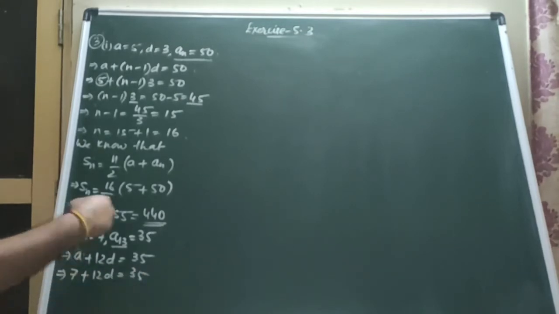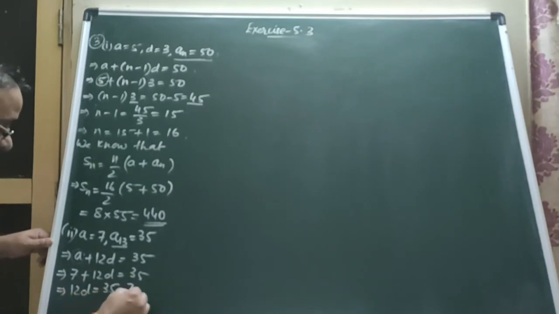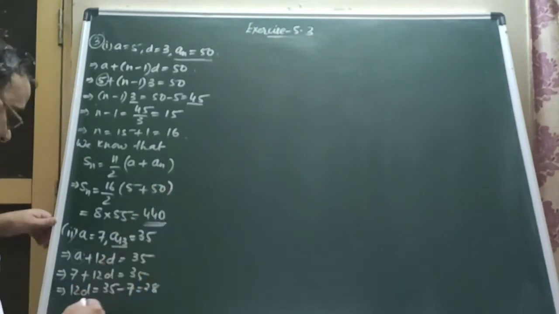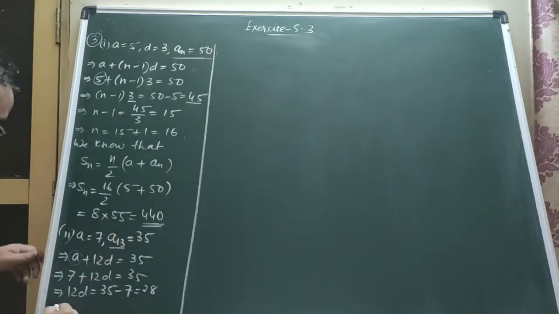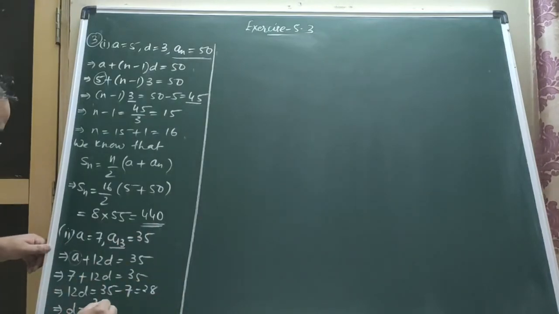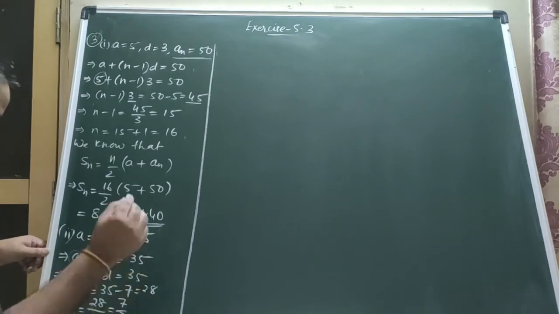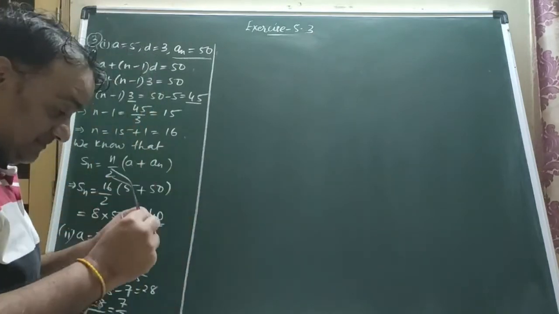Now shift 7 to that side, so 35 minus 7 becomes 28. And we'll get d is equal to 28 by 12, that is 7 upon 3. Okay? 7 by 3 came.